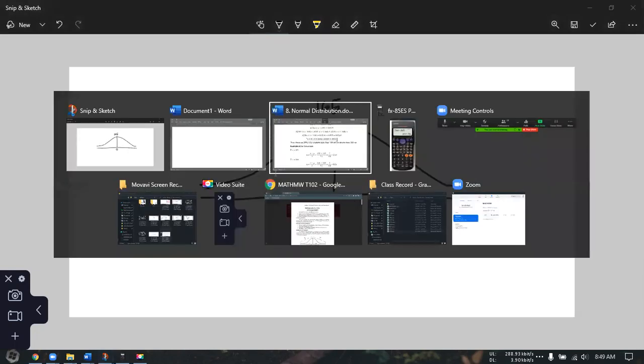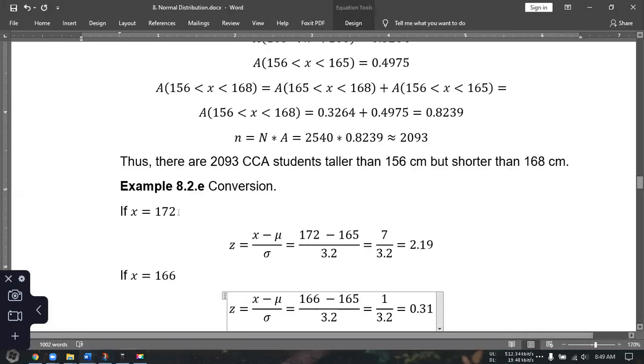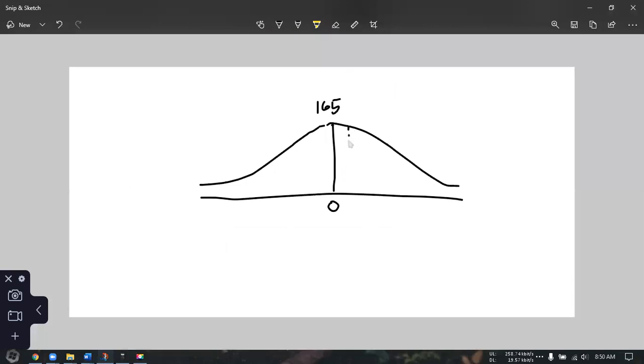166 is greater than 165, 172 is greater than 165 as well. So 166 somewhere here.